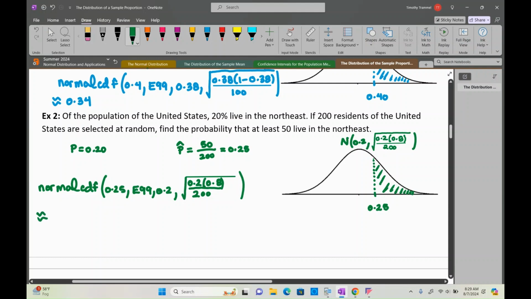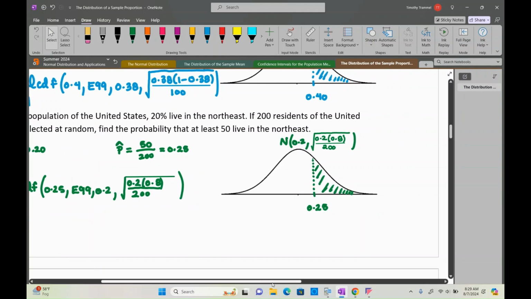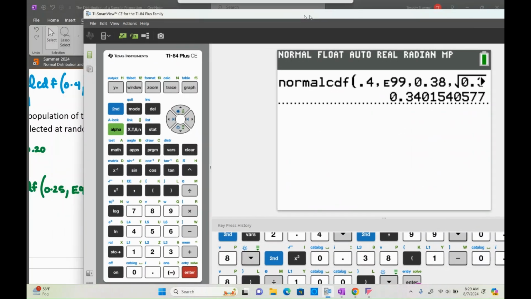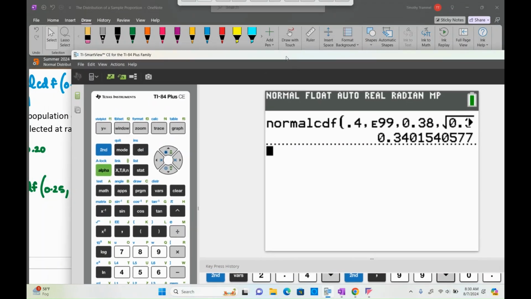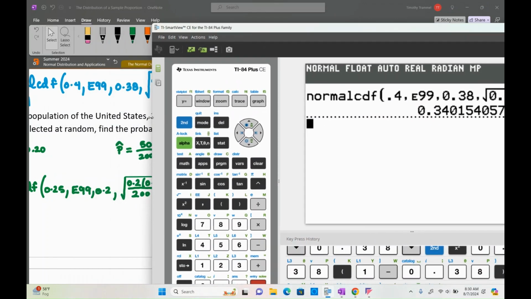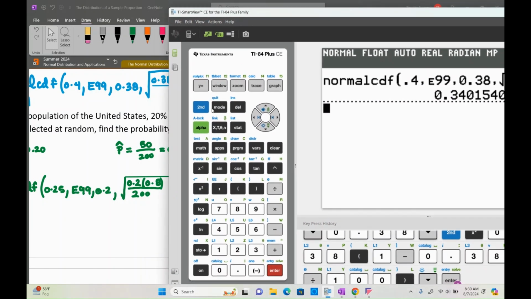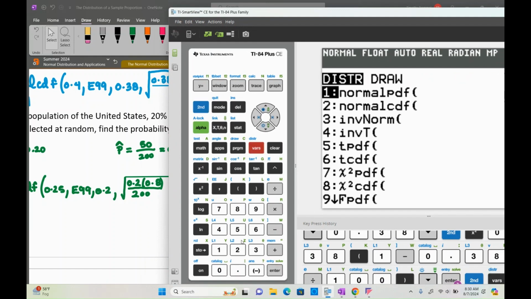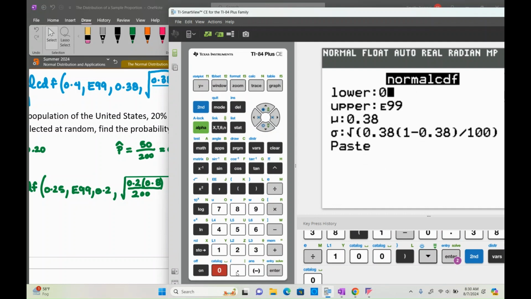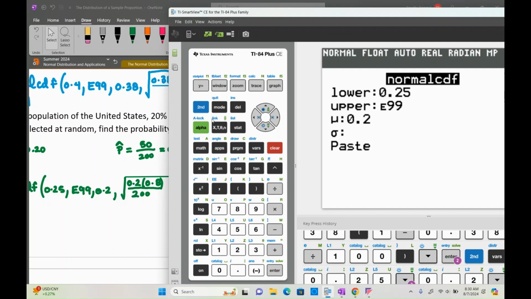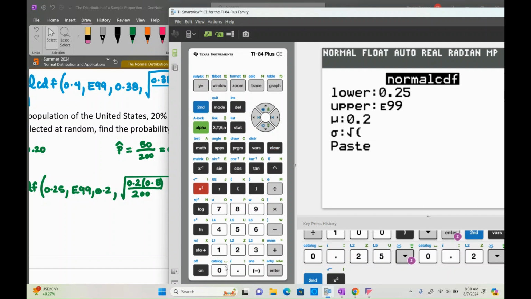So let's get this into the calculator. We want second and vars, number 2 for normal CDF. We type in that lower bound, the upper bound, the population proportion, or in other words, the mean of the sampling distribution. And then we need the standard deviation for the sampling distribution.